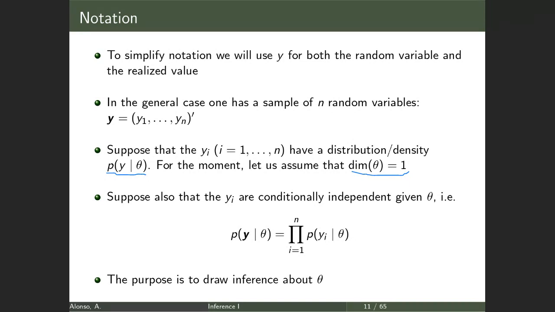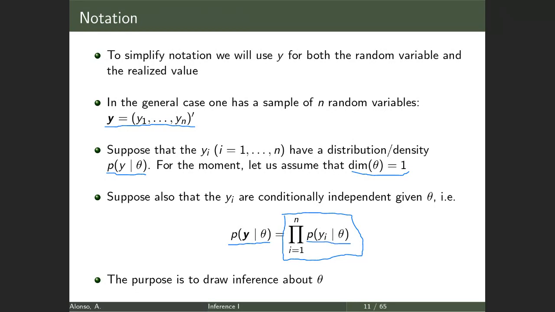So if I observe the IQ score of one child, I'm not going to learn anything about the IQ score of another child, because these are independent realizations. And under that set of assumptions, the probability of observing this data set can be written in this way. That probability is just the product of the probabilities of the individual outcomes.